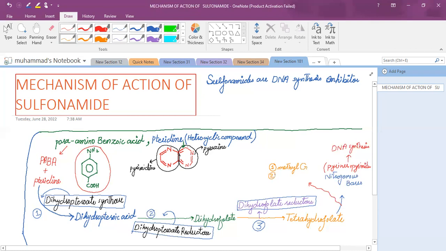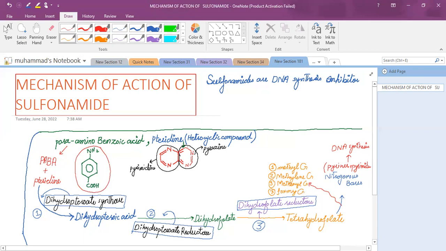The second one is the methylene group. The other one is the methinyl group, and the other one is the formyl group.